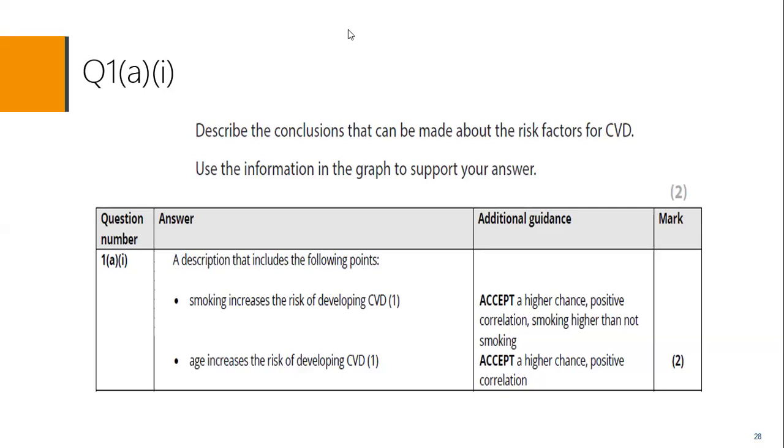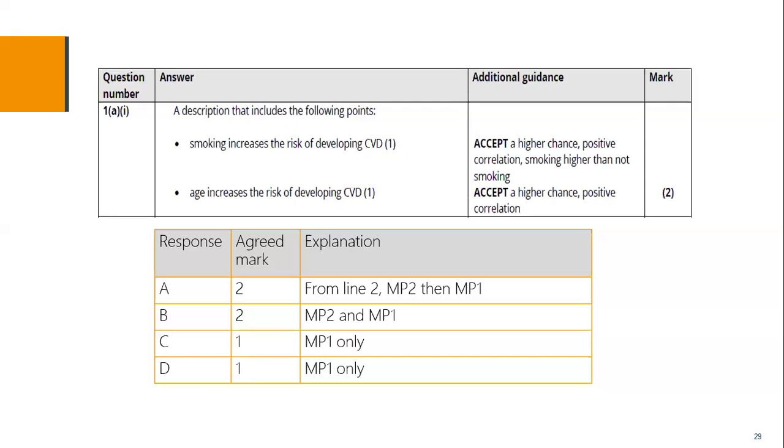Right, we will move on and have a look at the marks that were awarded. Response A was given 2 marks because it clearly states that the relative risk of developing CVD increases as age increases, and the risk of CVD of smokers is higher than that of non-smokers.